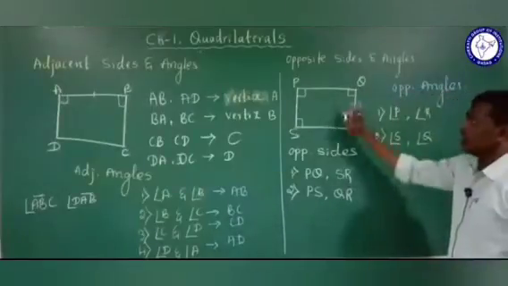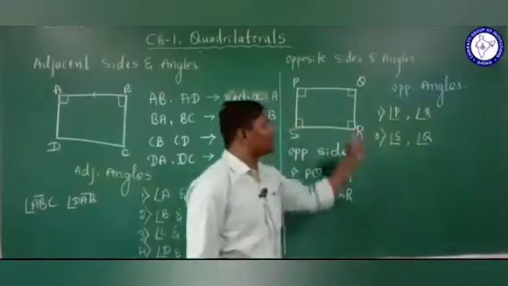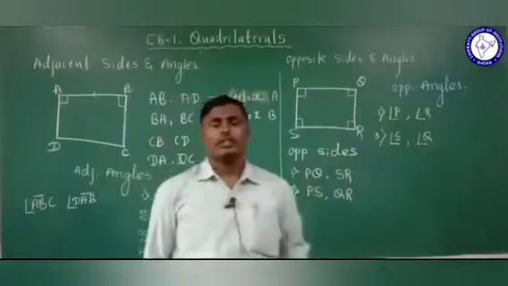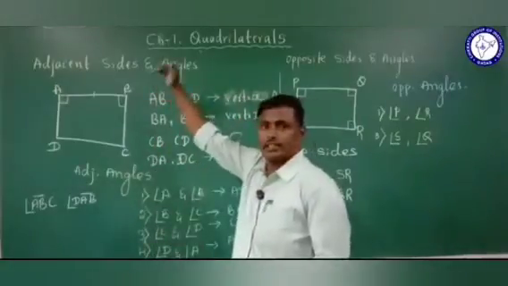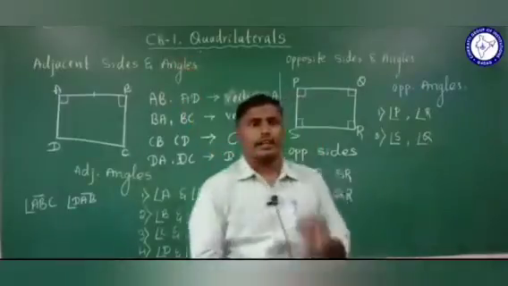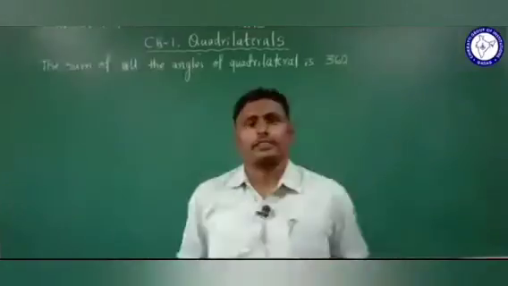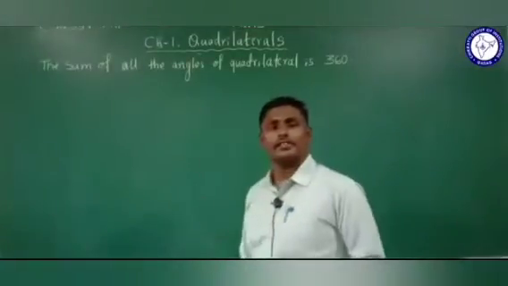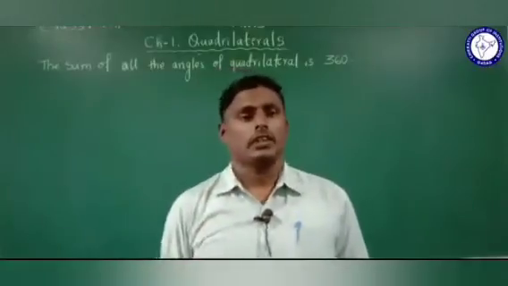So in a given quadrilateral we can write two pairs of opposite angles and opposite sides. So this is all about adjacent sides and adjacent angles, and opposite sides and opposite angles. Let's move to the next concept, that is the property based on the quadrilateral.